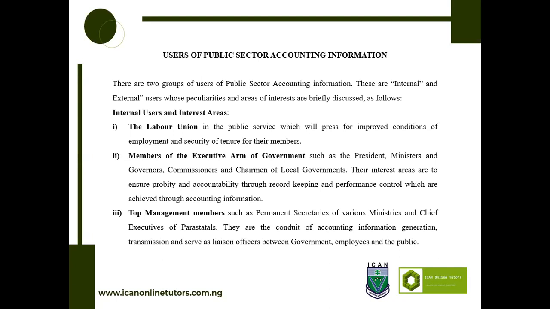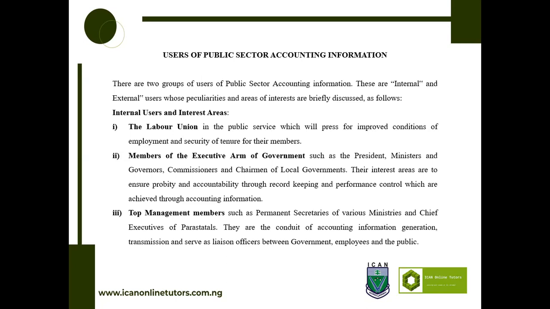So they call out for strike in order to protest, to show their interest in the public and the citizens at large.